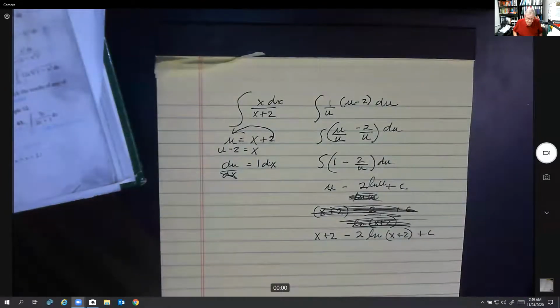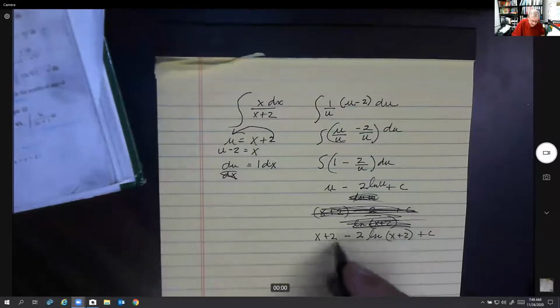Now, I notice in the book they have an x minus 2. They have the x plus 2 minus 2, x plus 2, natural log of 2. How do they come up with an x minus 2?